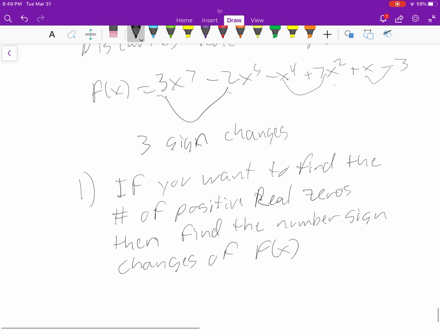So in the above example, there's 3 sign changes of f of x.